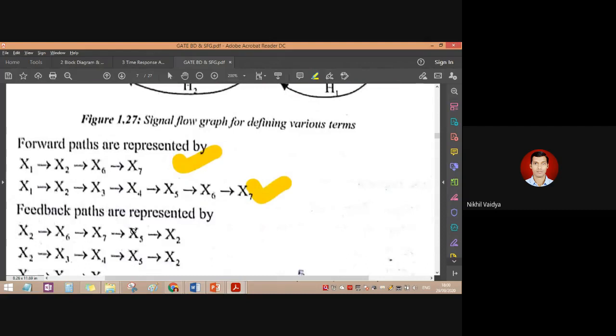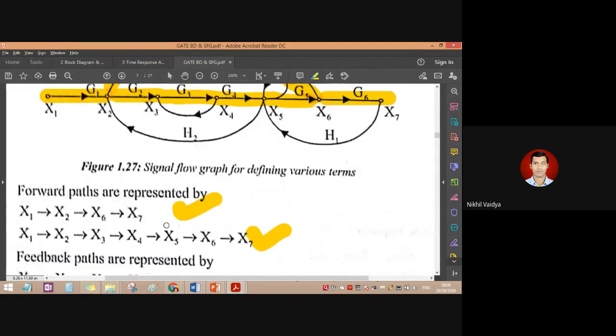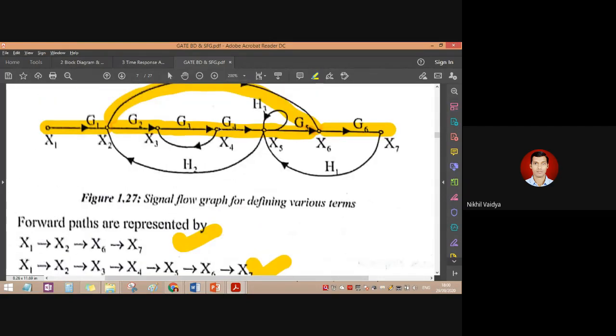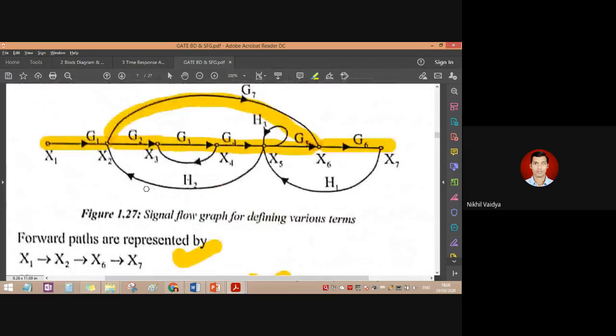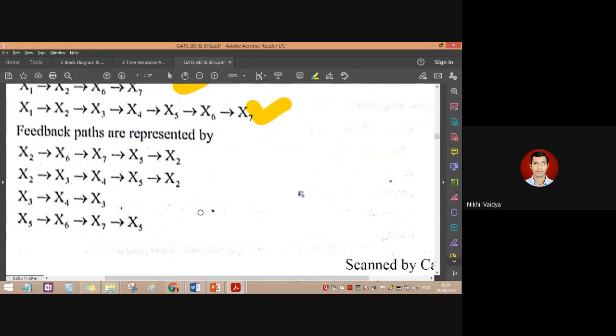Then feedback paths. These go from the next node to the previous node. There are four feedback paths present here. This is x4 to x3, x5 to x2, x7 to x5, and the simplest one is called h3, which is also a feedback, a self loop feedback.